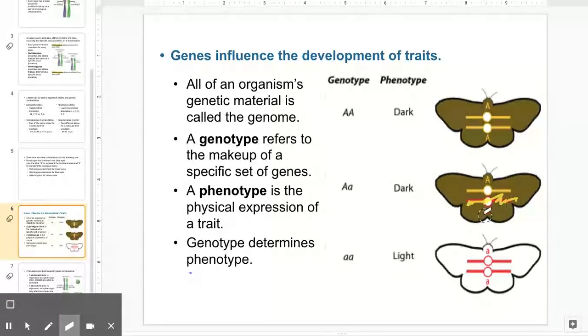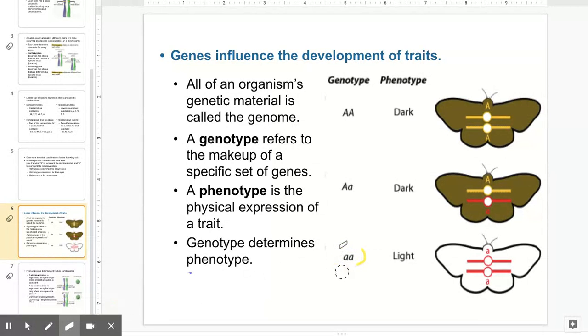But the reality is it can get passed on. And that's how we get this idea of traits skipping generations, which is cool. The only way to get a light colored moth is if you have two of those recessive alleles. So the only way a recessive trait shows is if there are two copies of that lowercase letter present.